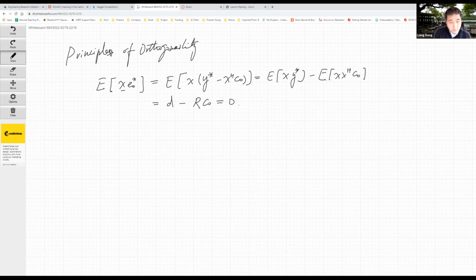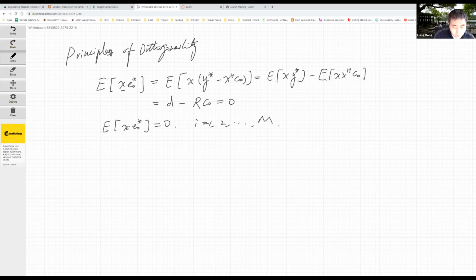Okay. So we have that the expectation for each element, xi times E0 transpose, is equal to 0, for i equal to 1, 2, all the way to n. So that's the orthogonality part.